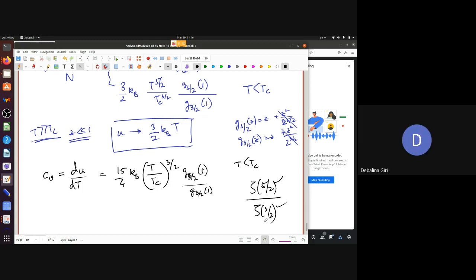Which one is bigger, this one or this one? Zeta of 5/2 is bigger than zeta of 3/2, so the ratio should be greater than 1. Why do you say it's bigger? It's bigger just because it has a bigger argument. Is that what you're saying? So am I wrong? It should be less than 1. Oh, no, this is what that is, right?